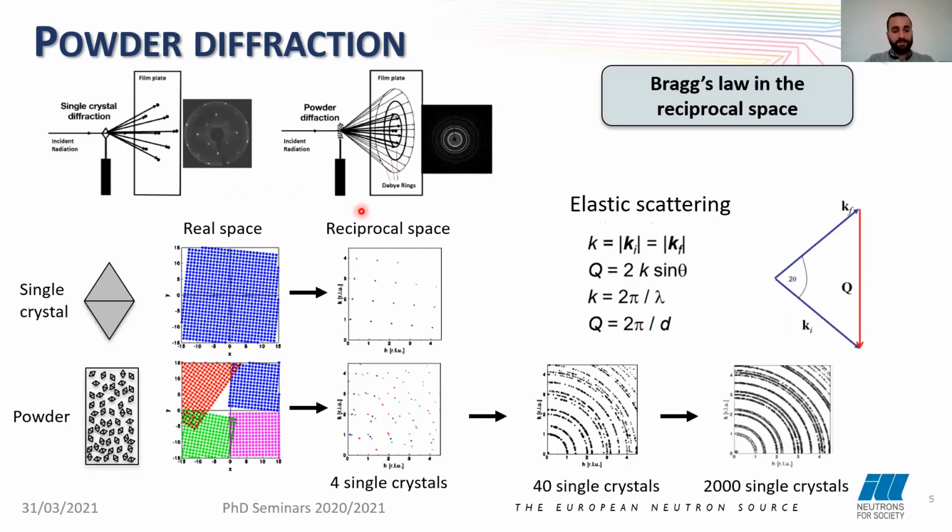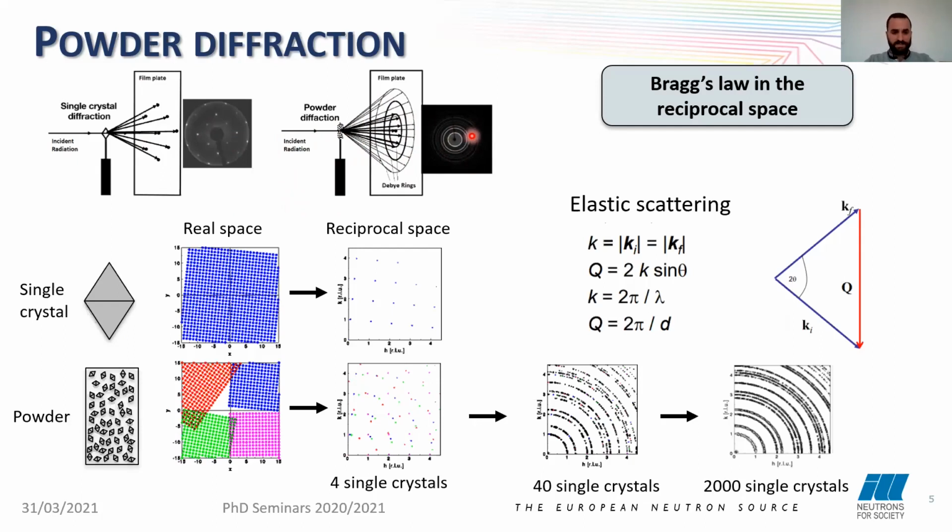The main difference between single crystal and powder diffraction is shown in this figure. Since powder samples contain crystals oriented in many different directions, the incident beam finds the same plane oriented in many different directions, so that the beam is diffracted in all directions, obtaining what are known as the Debye-Scherrer rings, or Debye rings.